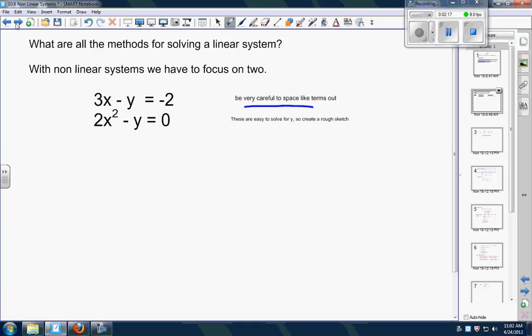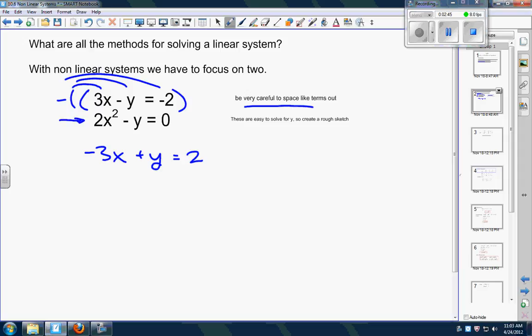I'm going to pick one way here. I'm going to notice that this is a -y, and this is a -y. If I do stack and add, these guys should just cancel right out of there, but I'm going to have to change it first. So I'm going to take this one and multiply it by -1. And be sure that the negative sign goes all the way through.